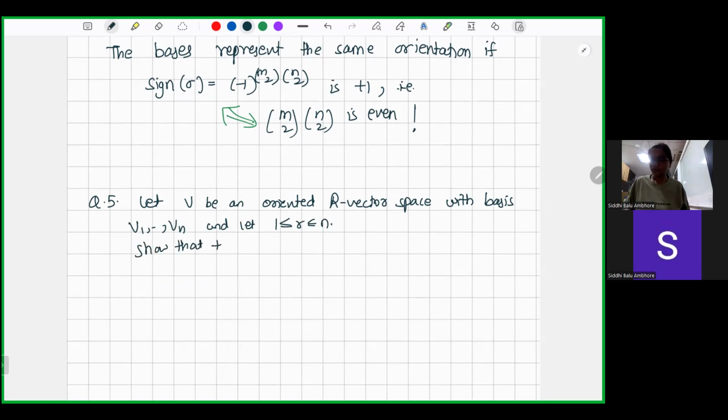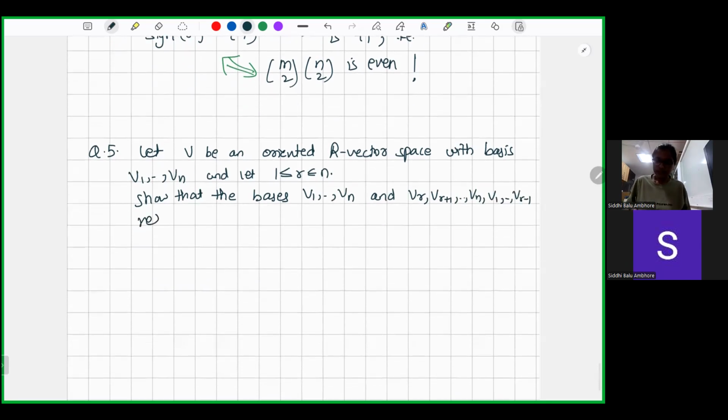Show that the basis V1 to Vn and Vr to Vr plus 1 to Vn and then V1 to Vr minus 1 represent the same orientation.